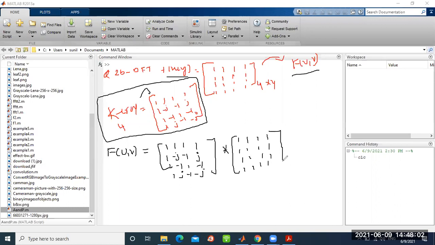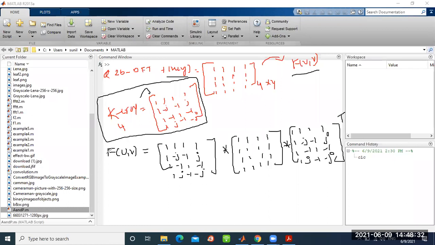Fine, and it is multiplied by the transpose of this kernel. So first you find the transpose matrix: 1 1 1 1, 1 minus j minus 1 minus j, 1 minus 1 1 minus 1, 1 j minus 1 minus. So is it clear?